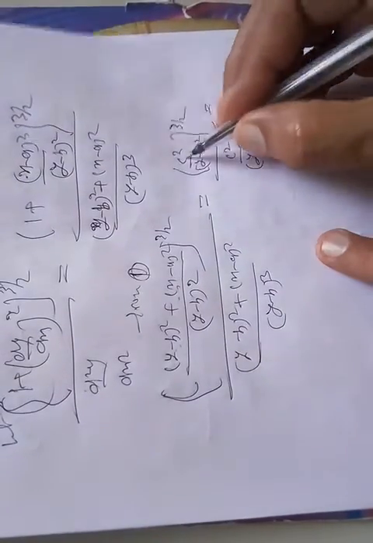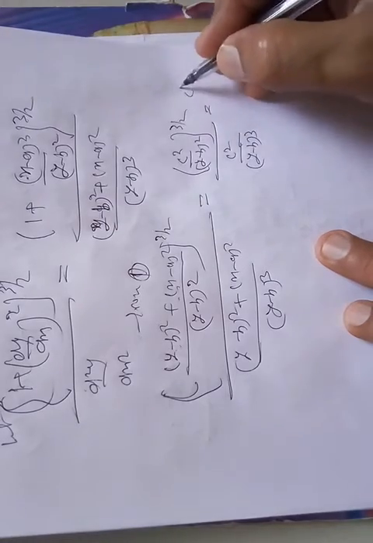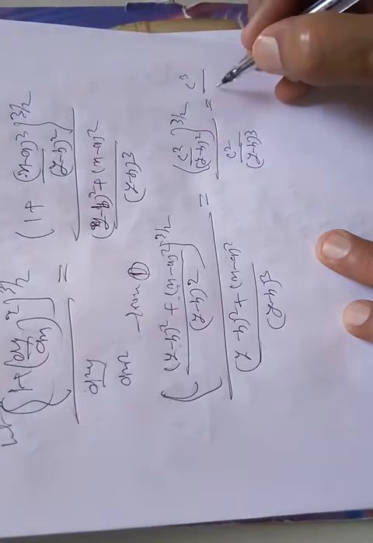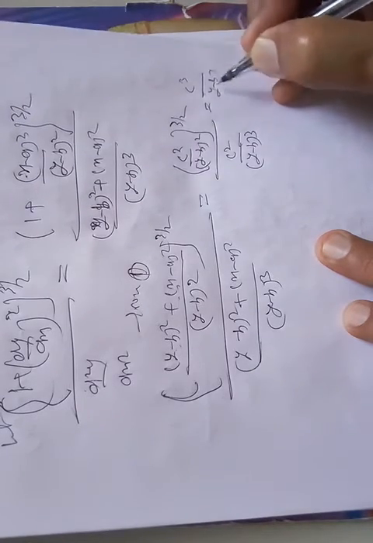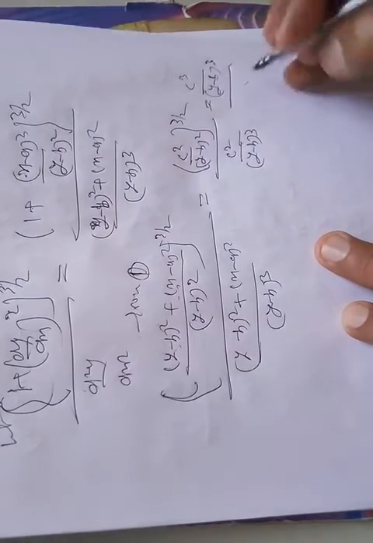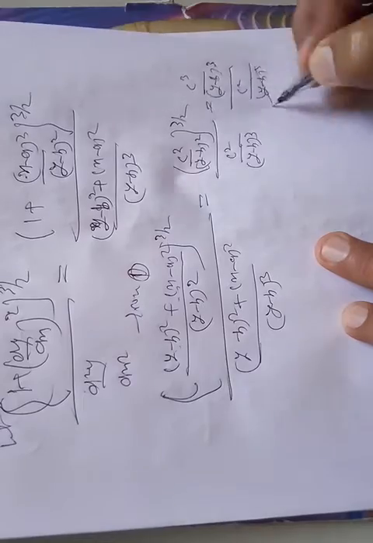This factor c raised to 2 into 3 by 2 cancels, so c cubed upon (y minus b) raised to 3, and the same upon c squared upon (y minus b) raised to 3, this cancels.